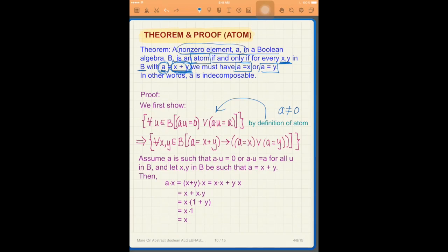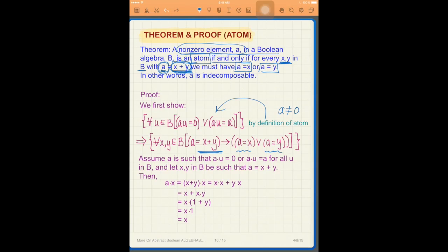That needs to imply that for any 2 elements in the Boolean algebra, called x and y, if we take their sum, x plus y, and set it equal to our atom, then the only way that this is going to occur is if A is equal to x or A is equal to y.